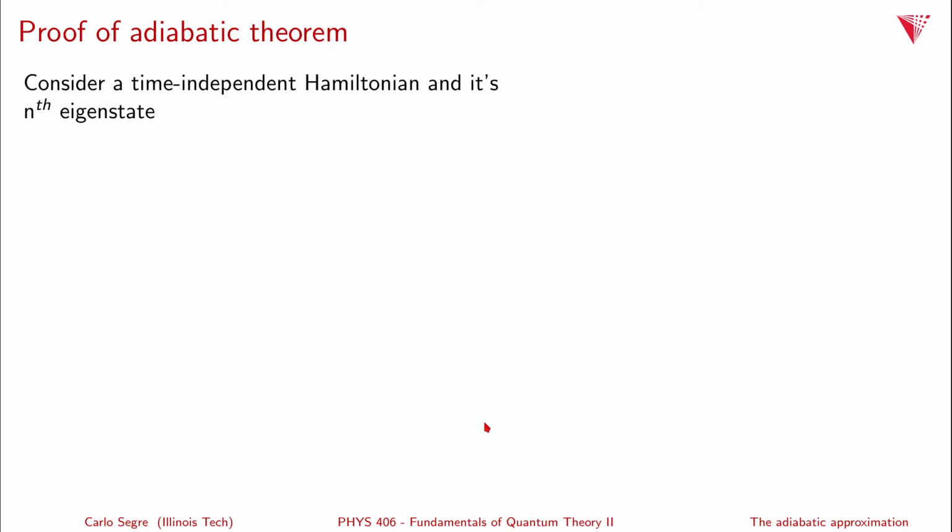So we want to look at this adiabatic theorem and show that, in fact, it works for quantum mechanics. So let's start by considering a time-independent Hamiltonian and its nth eigenstate. The eigenvalue equation is H applied to psi n is equal to E sub n psi sub n.